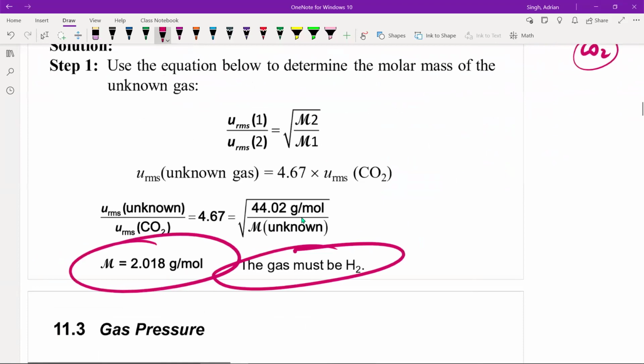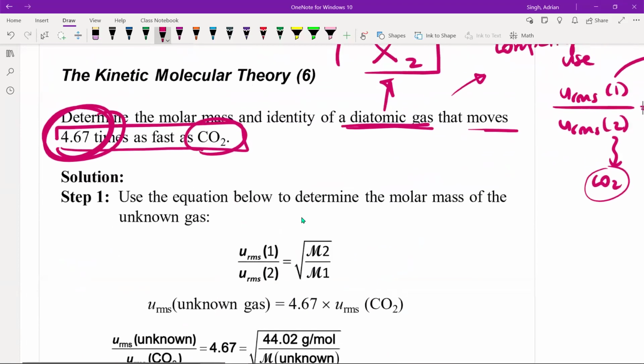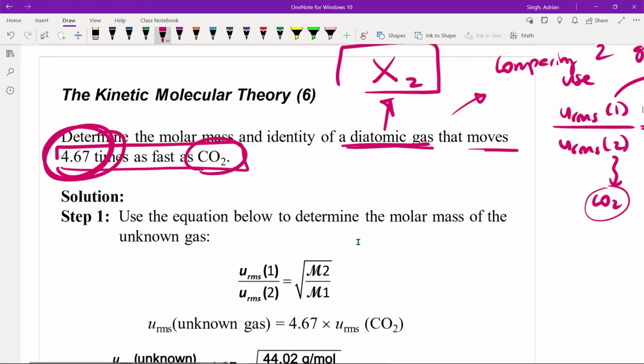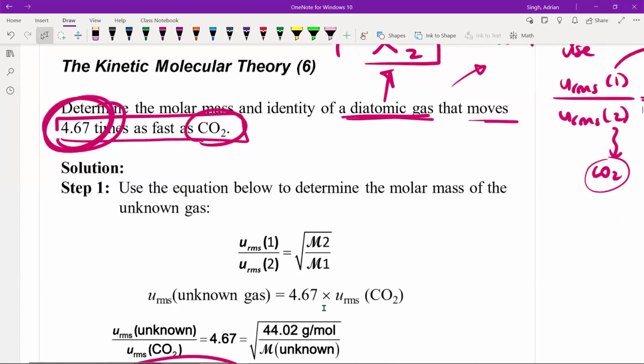So if you have questions like these, where it's not just a simple case of substituting your M2 and M1 into the equation, but instead you have to find one of these two, then you will need to be given what that ratio is. In this case, it's 4.67.